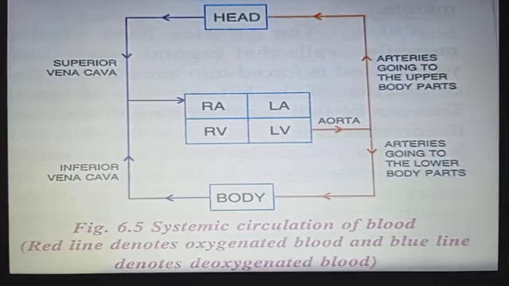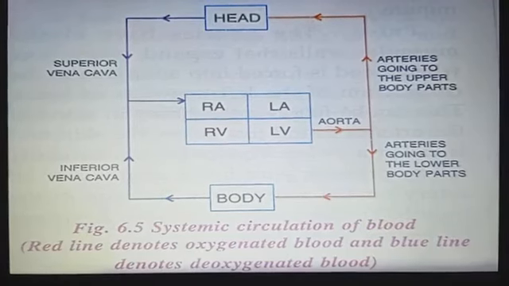So this is how the blood is distributed through the aorta into the different arteries and finally to different parts of our body, except the lungs. This oxygenated blood is not taken to the lungs.